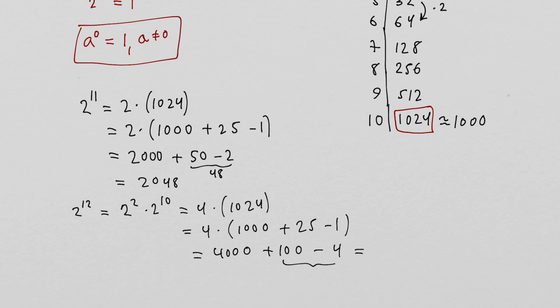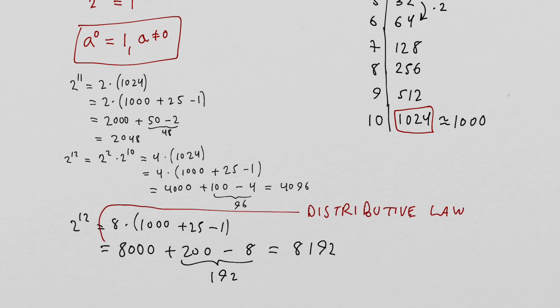These are together 96, so we get 4096. By using the distributive law, we get our answer quite easily.